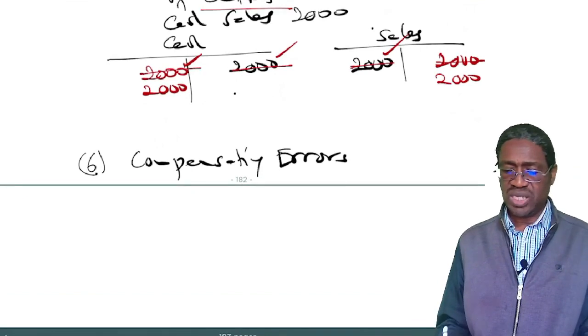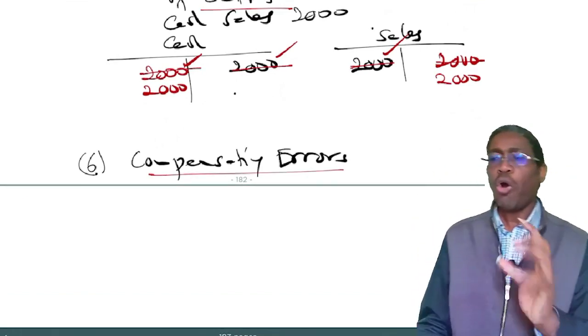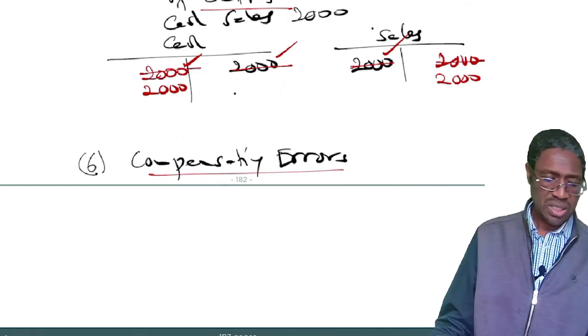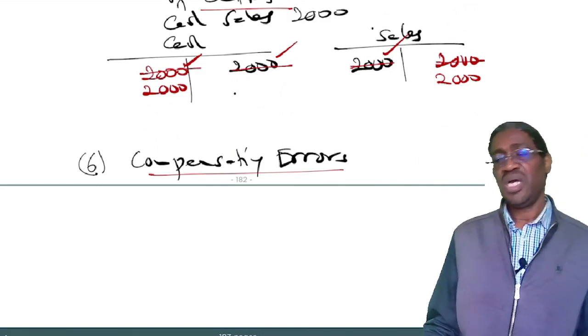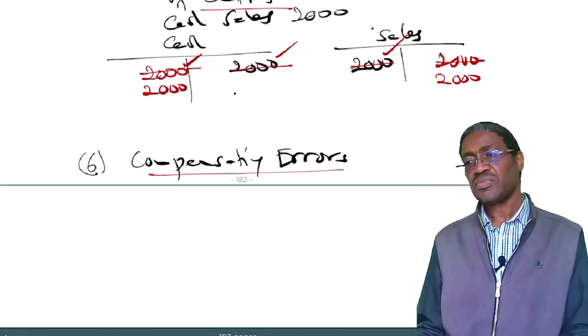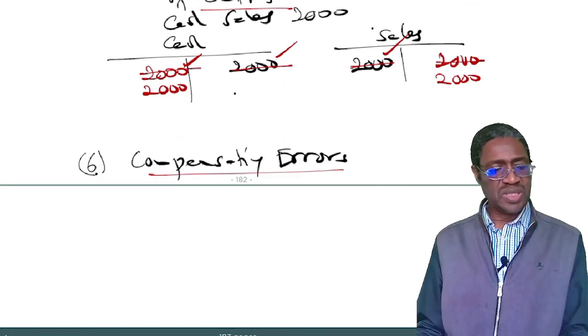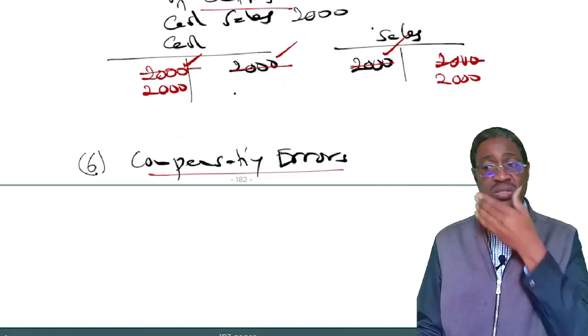Let's go to number 6. Number 6, call it compensating errors. Then you say this.